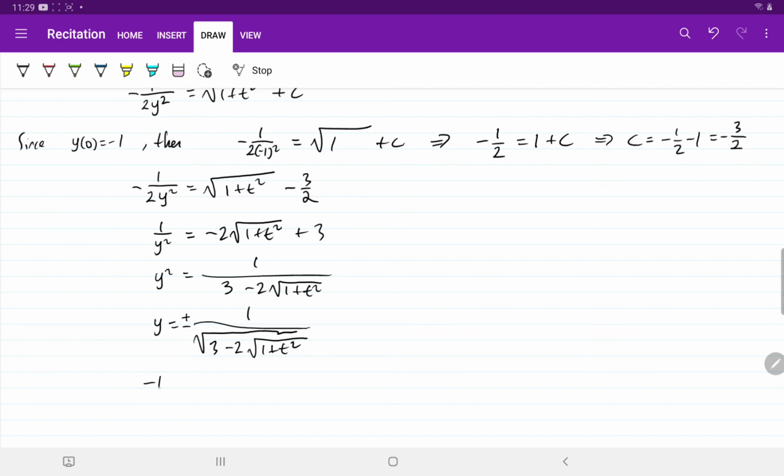Okay, so we have minus 1 equals plus minus 1 over square root of 3 minus 2 times square root of 1 at t equals 0, so plus minus 1 over 1, so plus minus 1, so minus 1, so we have the minus sign.